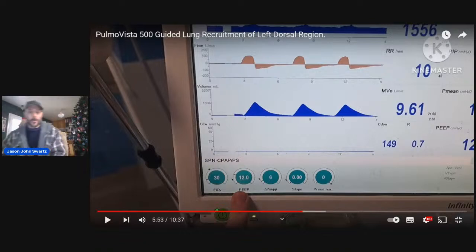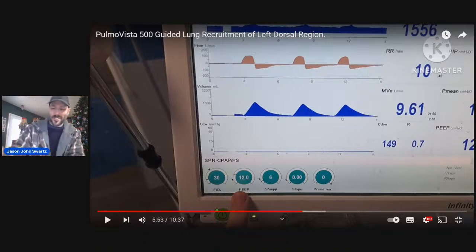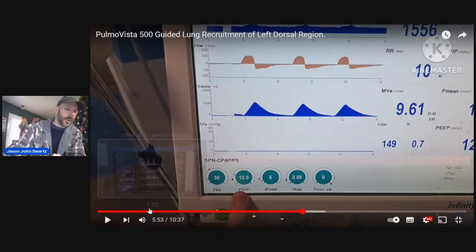The point of the video: when you throw your work out there, it's there for criticism. I'm not here to debate the parameters that the patient's on. No problem with the parameters, but these videos are so that you can learn the Pulmovista by seeing a lot of results.